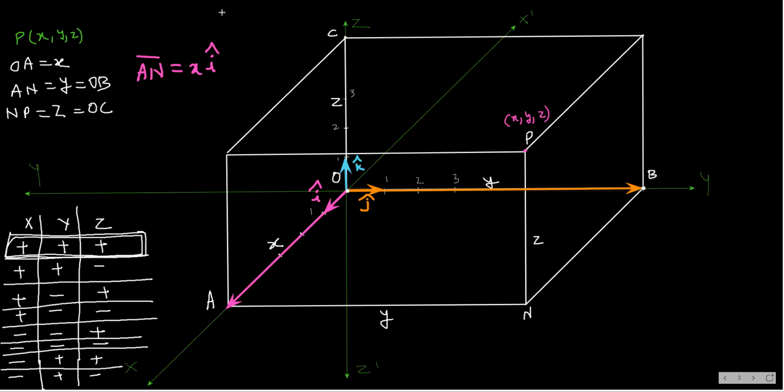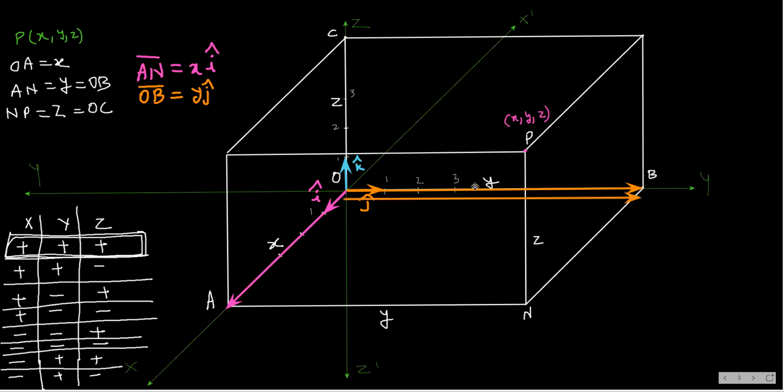So how big is this vector? This vector from O to B, OB bar, is y j cap. And remember, if OB bar is y j cap, AN bar is also y j cap.